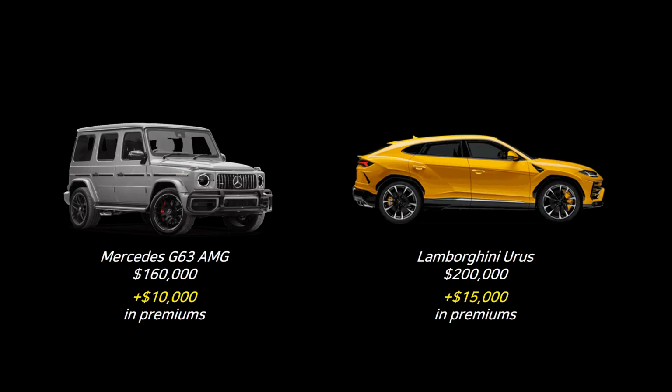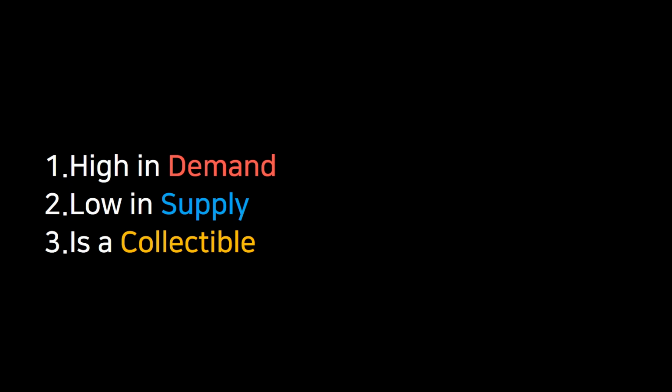As such, if you can manage to purchase a car that fits into this category of supply and demand, you can temporarily use the car for yourself, and even when selling it as a used car, you can at least get the price you purchased it for, meaning you just pay for gas and ride around a $20,000 car for free. Depending on market situations, you could even get paid premiums to sell your secondhand car. The same applies to other luxurious goods that are high in demand, low in supply, and are collectibles.